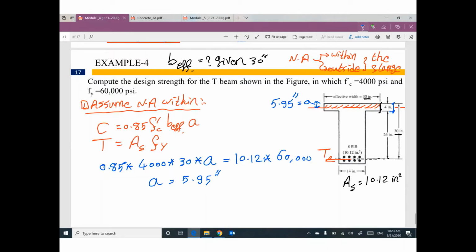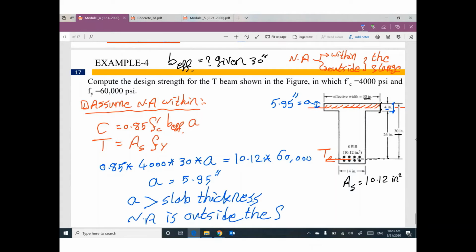So a is greater than the slab thickness. Your assumption is not correct. The neutral axis is outside the flange, so you have to use this other case.